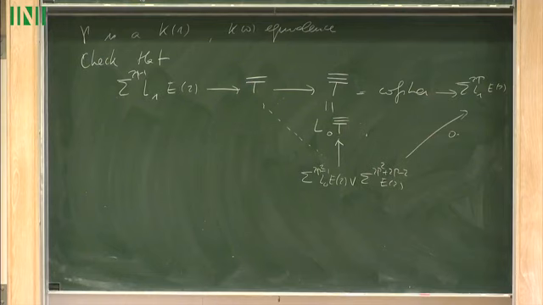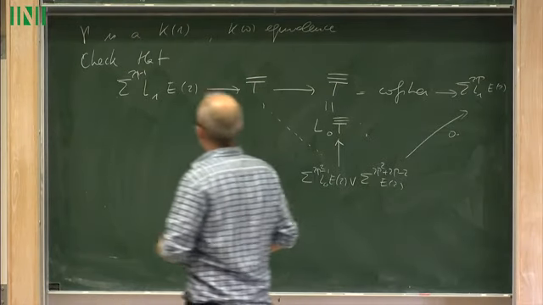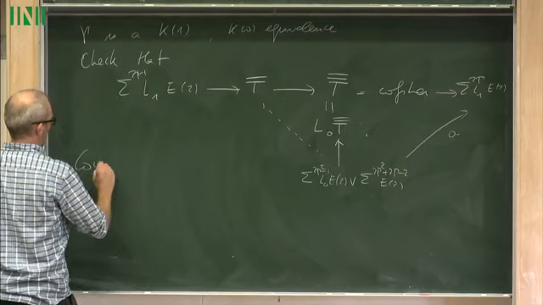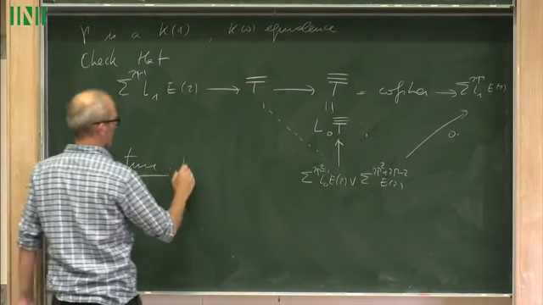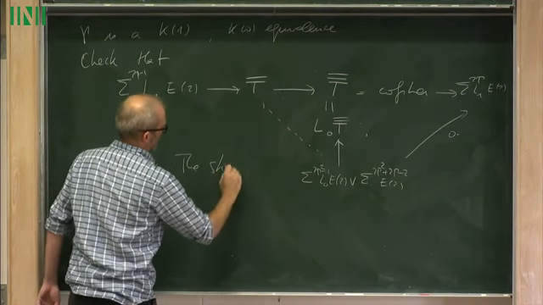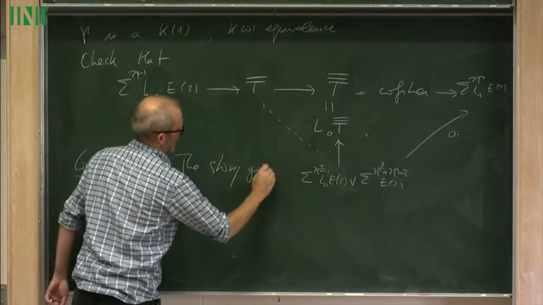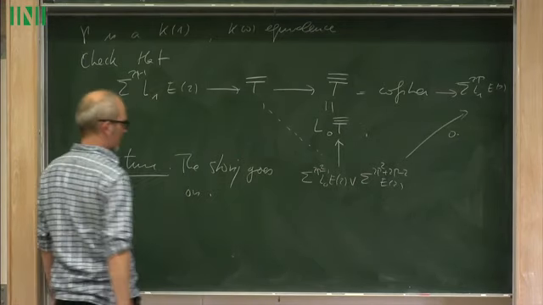But from the eyes of the Morava K-theory computation, it seems plausible that something like this would be possible. So in our preprint we conjecture that the story goes on. So how does it go on?